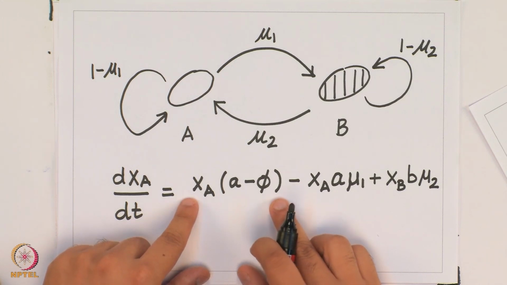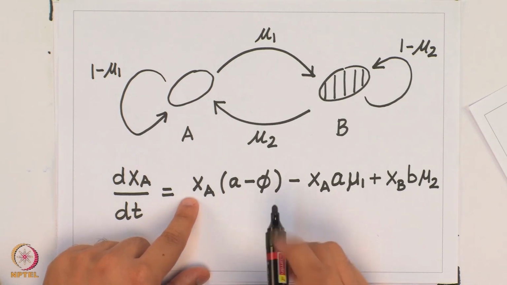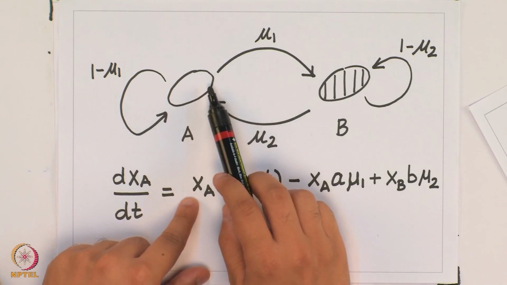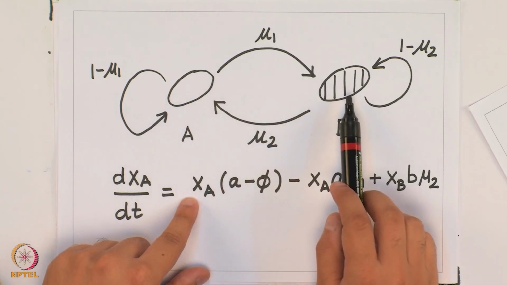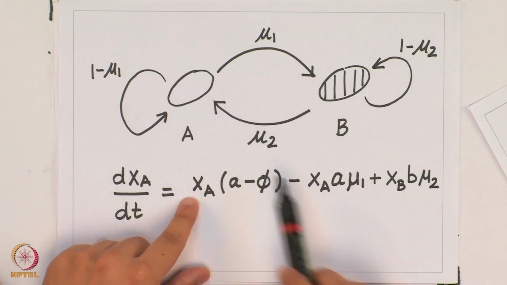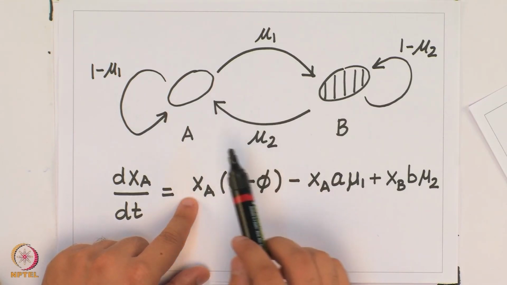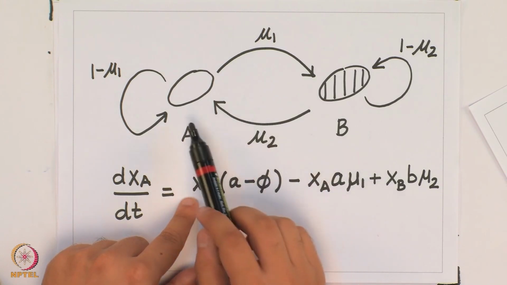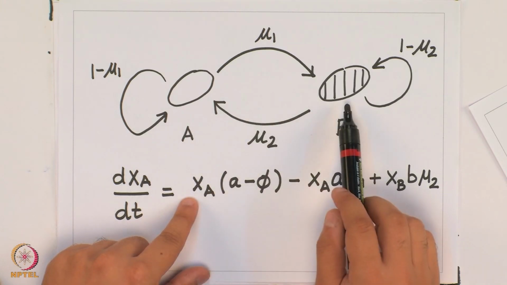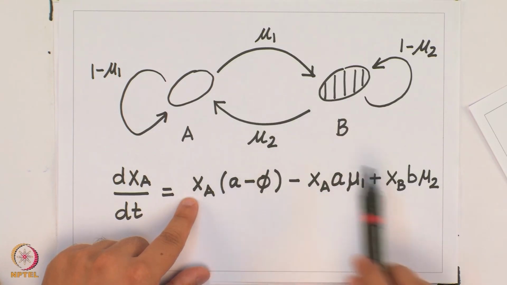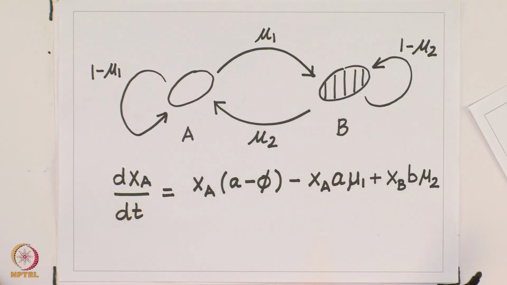But in this expression we have overcounted, because we have also included the ones which actually lead to genotype B and not genotype A. So, we subtract them, but we have undercounted the genotype A's which are produced because of division by genotype B at the error rate mu2. So, we incorporate that here. This gives me a dynamical equation for dxa/dt.